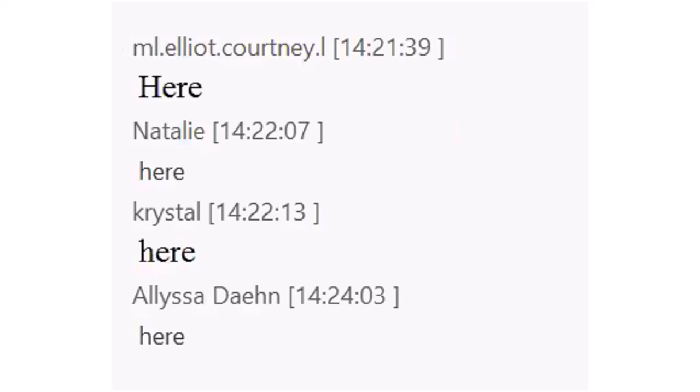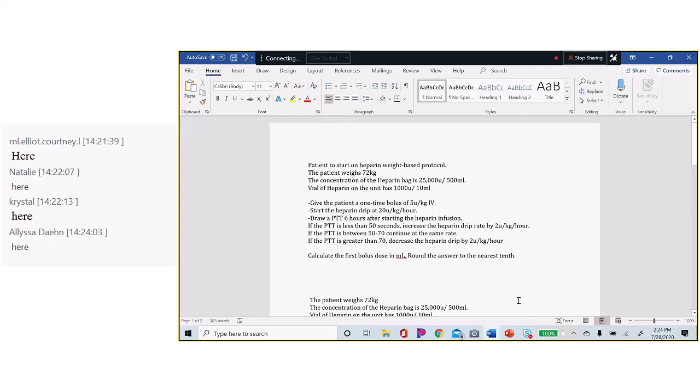Instead, it'll be questions about what we're going to be doing with this heparin drip, this weight-based heparin protocol. And the way that generally looks is like this.